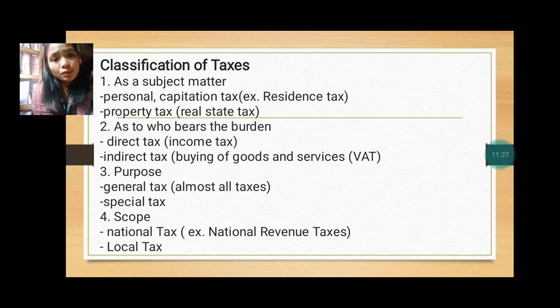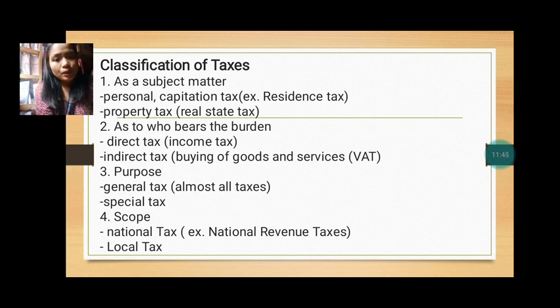And while the indirect tax is the taxation on expenditure. Example nito yung VAT, yung sales tax, service duty, or yung excise duty. Number 4 is yung as a purpose.